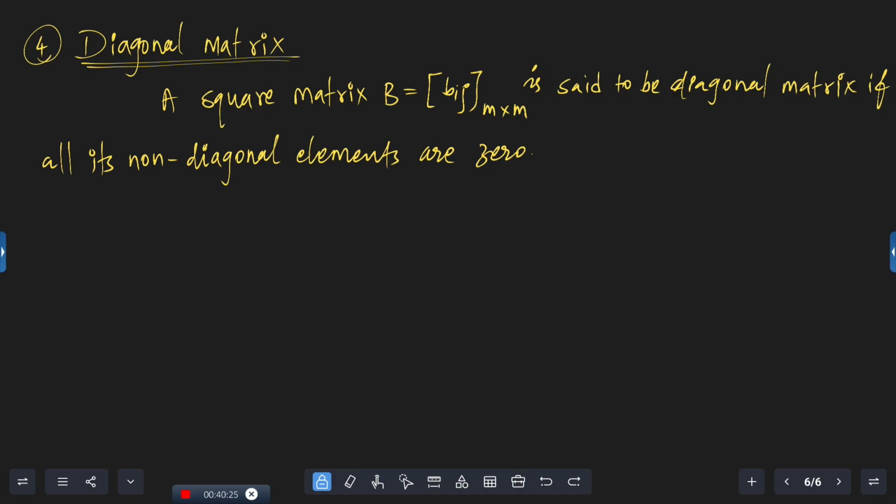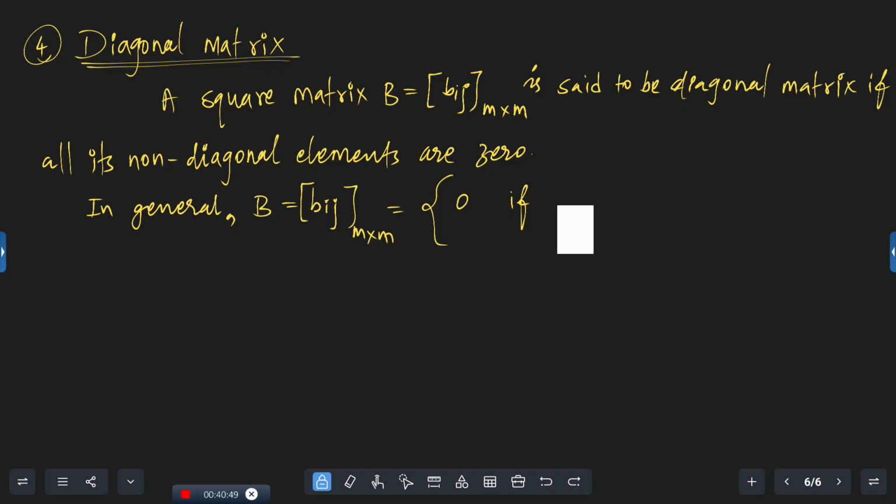In general, a B matrix equal to Bij of order m by m is equal to 0 if i and j are not equal. If i and j are not equal, the elements are equal to 0.